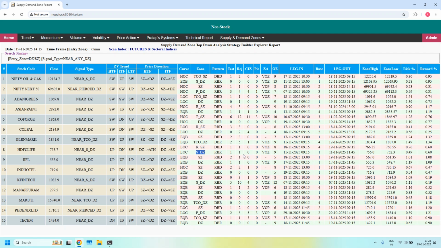HDFC Life is having a 75 minutes high liquidity demand zone. Next, KFintech is having a 75 minutes high liquidity demand zone. That's it. We got 2 75 minutes high liquidity demand zones from this list.